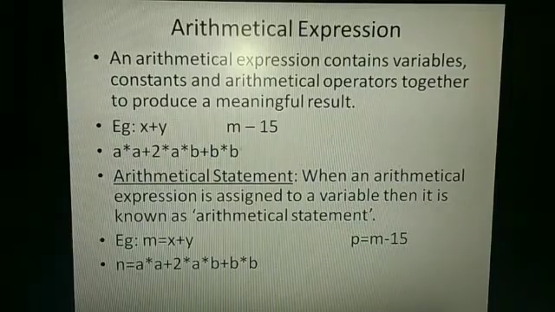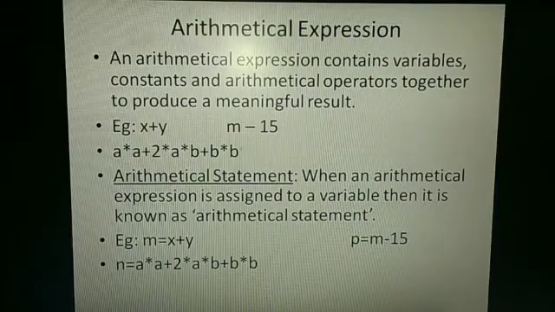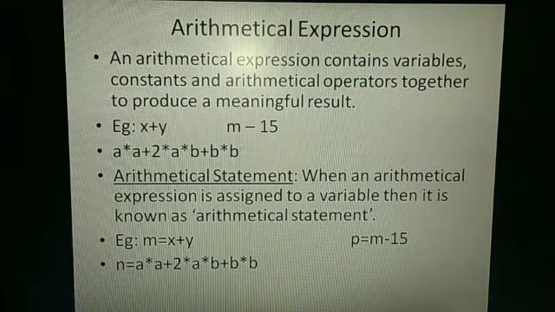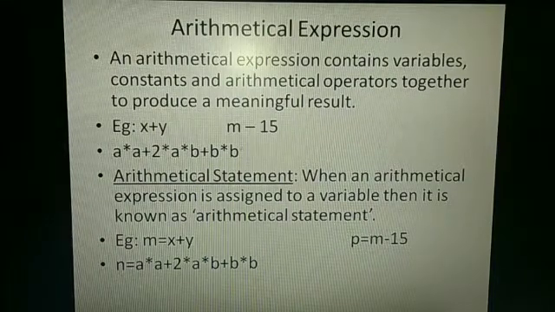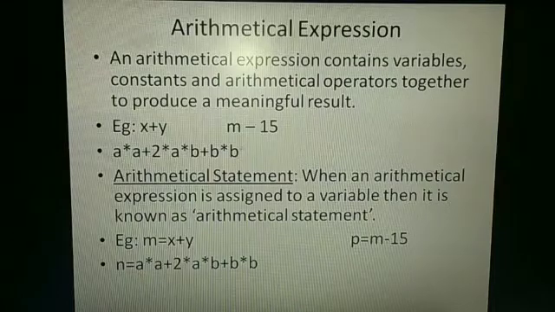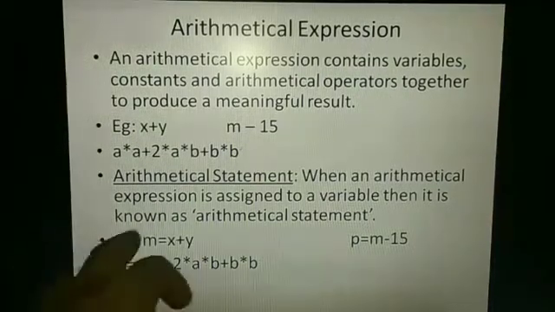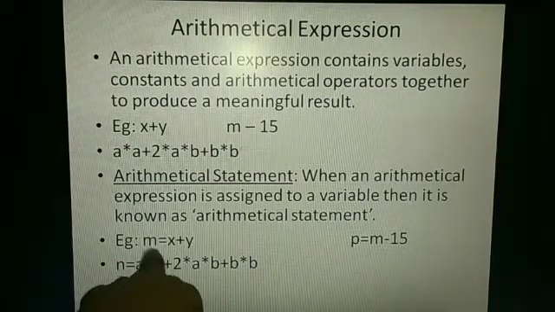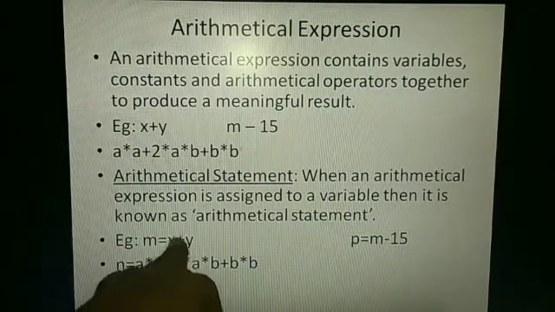Whereas in an arithmetical statement, when an arithmetical expression is assigned to a variable, it is known as an arithmetical statement. Just see over your example. There is a variable to which the expression has been assigned.